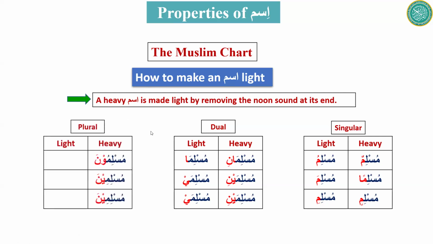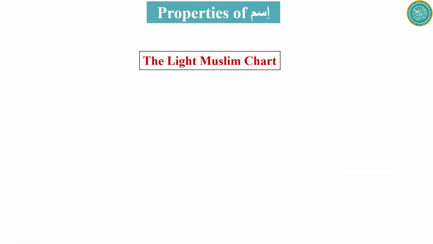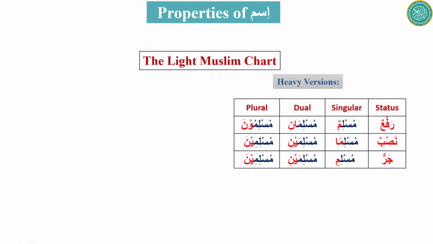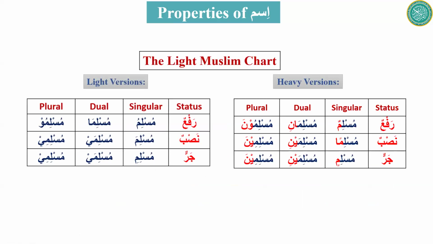Yes, brother. Plural. Muslimu, Muslimi, Muslimi. Very good. Is that hard? No, simple, because we have to remove the noon sound. Just remove the noon sound. And there are different ways to do it. You can change the haraka or just remove the noon at the end. So now we know the heavy and light versions of the Muslim chart.